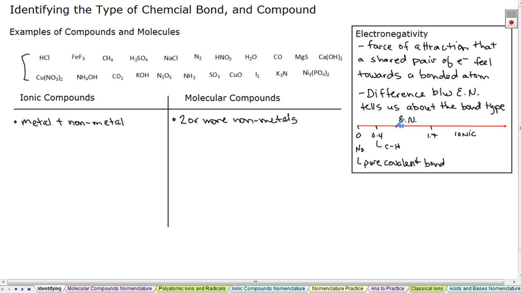However, the interesting thing is, as we go from 0.4 and get closer to 1.7, we notice that the sharing is imbalanced.